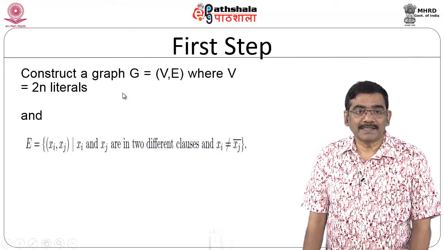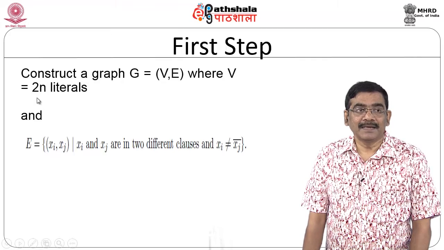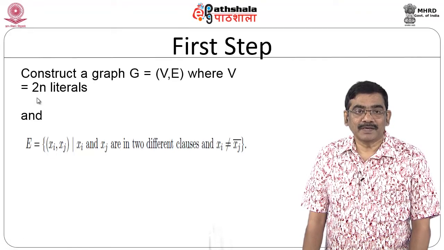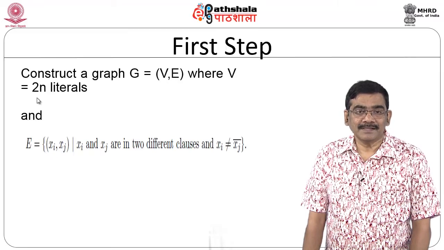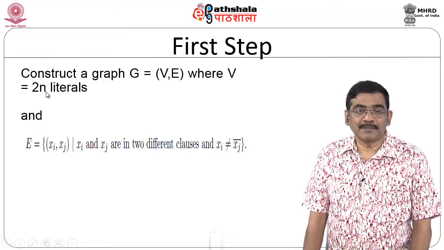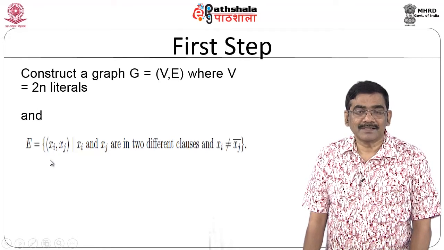So, you can see that there are 2n literals. So, the graph will have vertices whose size is nothing but 2n, and the edges are connected like this, where you have two classes xi and xj.